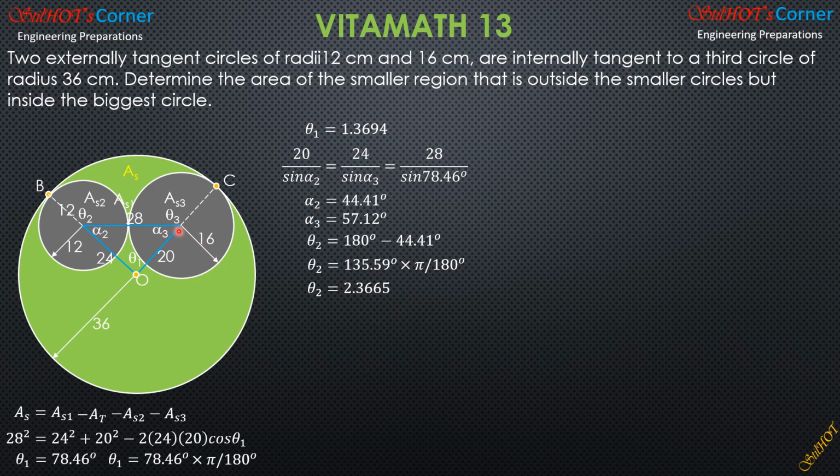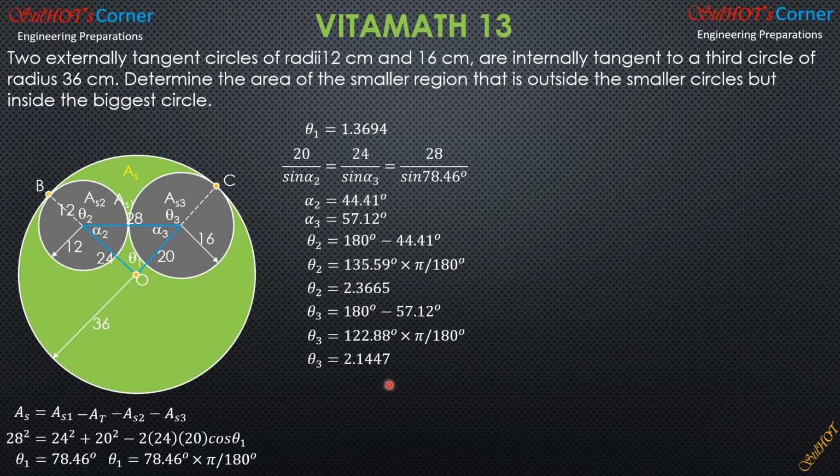Theta 3 is 180 degrees minus alpha 3, so it is equal to 122.88 degrees times pi over 180 degrees. So theta 3 is equal to 2.1447 radians.